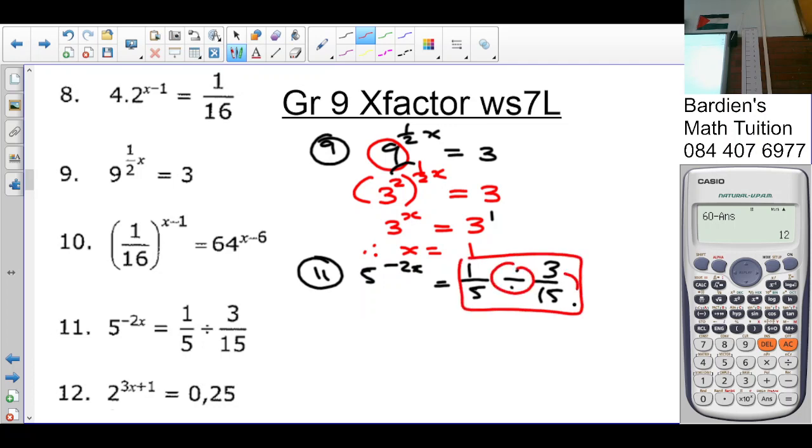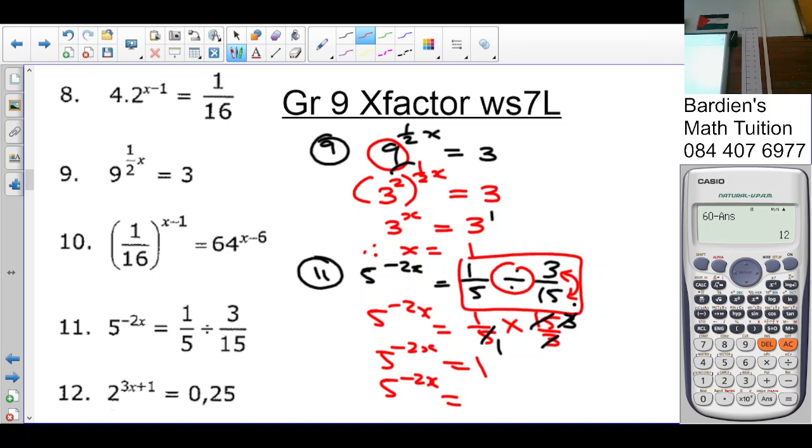So I flip and multiply: 5 to the minus 2x is equal to 1 over 5 times 15 over 3. 5 goes into 5 once, 5 into 15, 3 times. So I'll have 3 over 3, which is 1. So 5 to the negative 2x is equal to 1, so it's 5 to the 0. Well done.